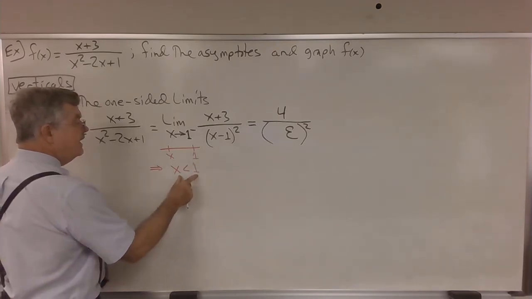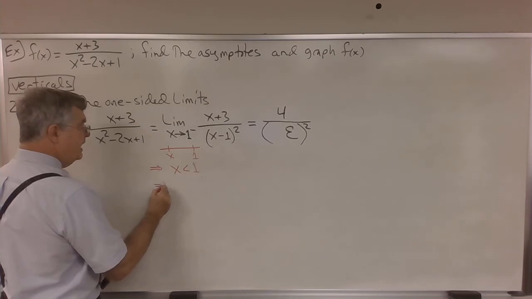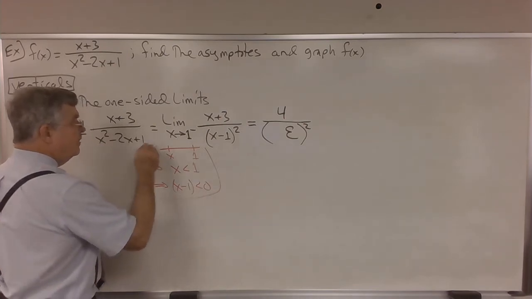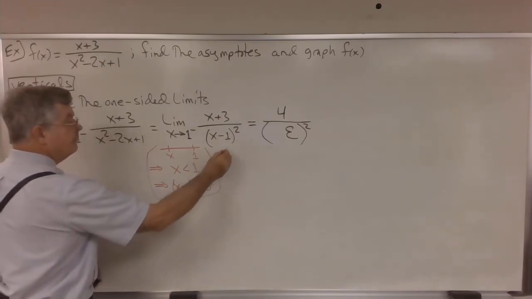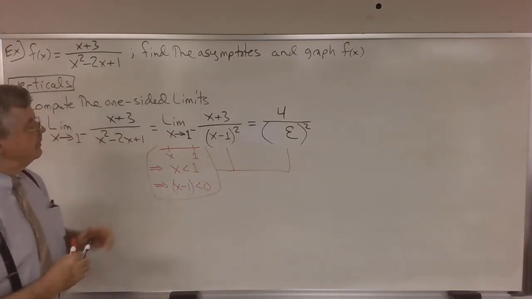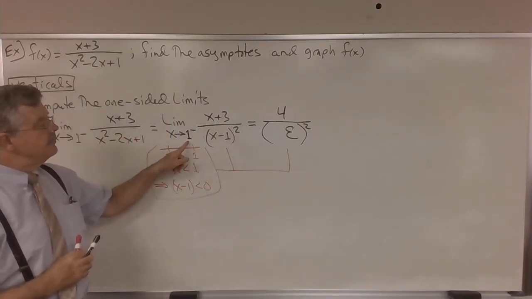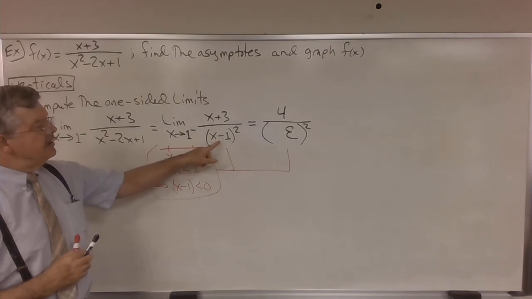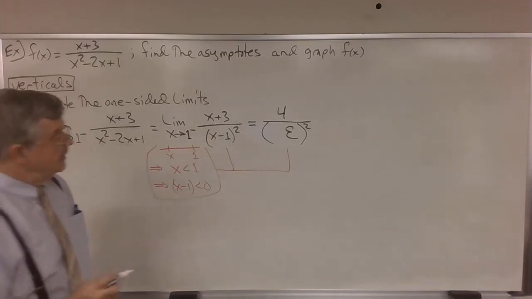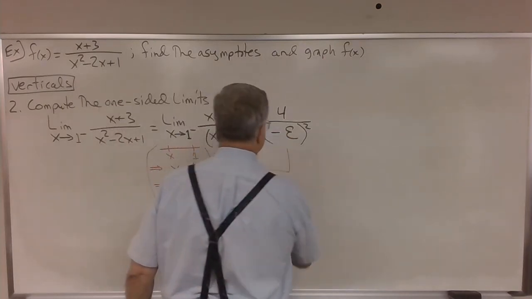And if we subtract 1 from both sides, that means that x minus 1 is less than 0. Okay. So as x approaches 1 from the left, x minus 1 is negative. So I'll make this a negative epsilon.